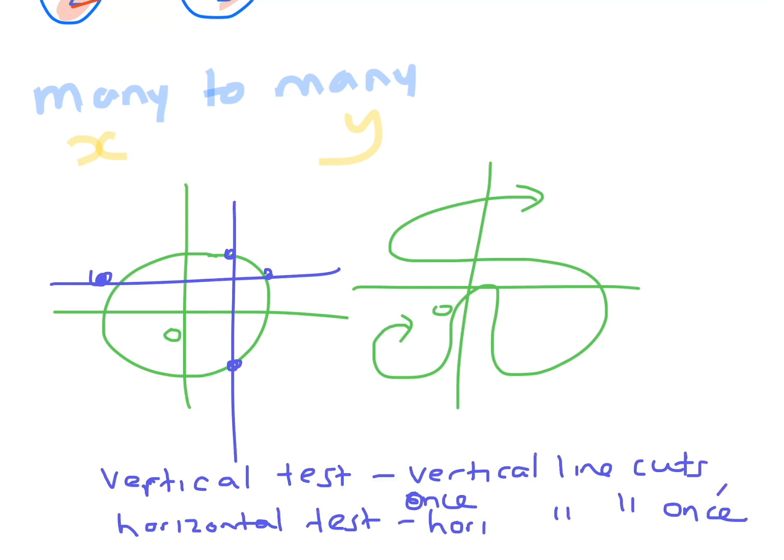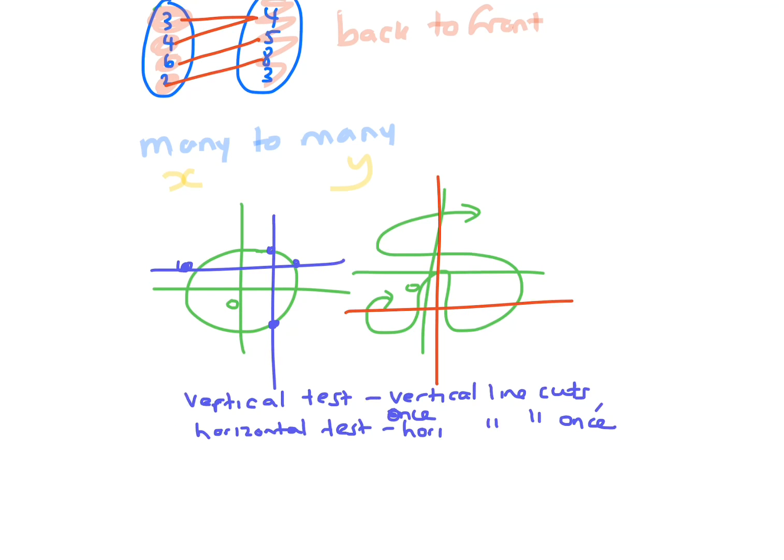If you look at these, that's just not the case for either of these ones, because they don't pass the vertical or the horizontal line test, as they cut multiple times.